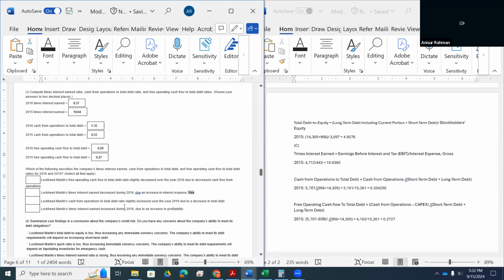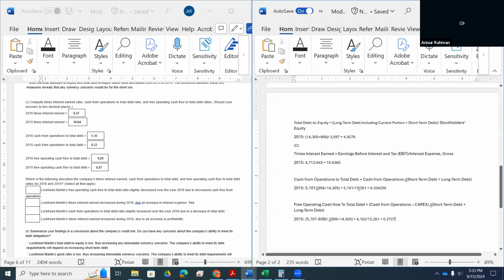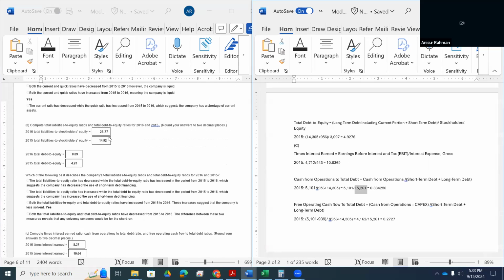Lockheed Martin's cash from operations to total debt ratio slightly increased. True, over the year 2016 due to a decrease in total debt. So we have total debt for 2015, 15,261.